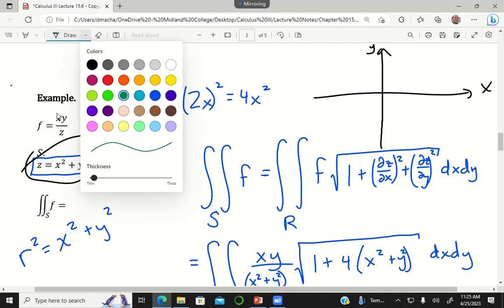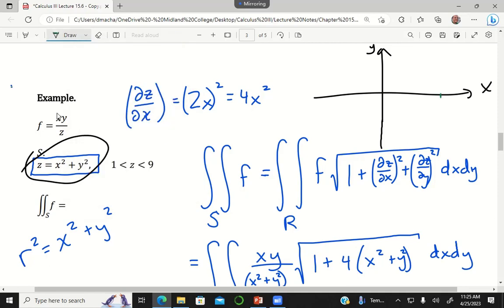And I know if x is 3 and y is 0, that gives me a z value of 9. And I know if y is 3 and x is 0, that gives me a z value of 9. And if x is negative 3 and y is 0, that gives me a z value of 9. And if y is negative 3 and x is 0, that gives me a z value of 9. And so this circle in the plane represents the outside bound of my paraboloid, because that's where it reaches z equals 9 above the plane.